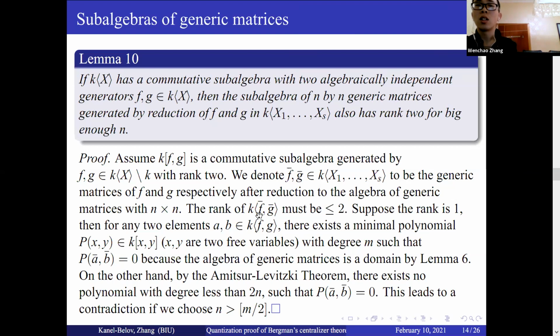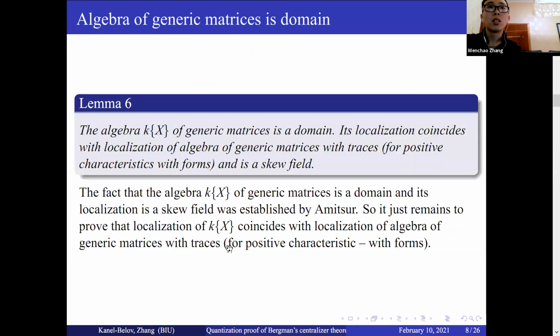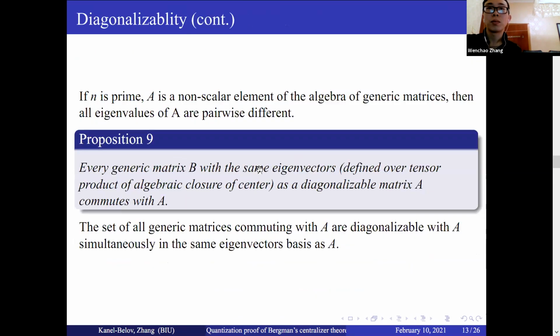Since the algebra of generic matrices is a domain, by Lemma 6, we have that the localization is a skew field.